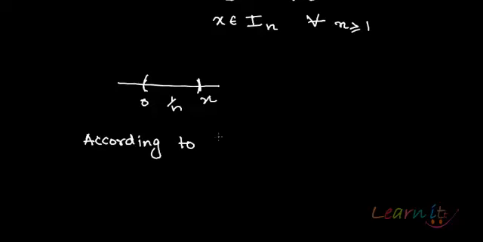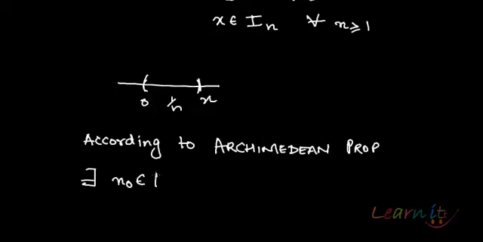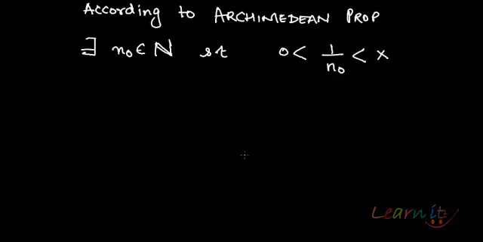Now, what do you think we can use here? Which property? The Archimedean property. According to the Archimedean property, what do we know about natural numbers? There exists an n naught belonging to the natural numbers such that 1 by n naught is between the real numbers 0 and x.